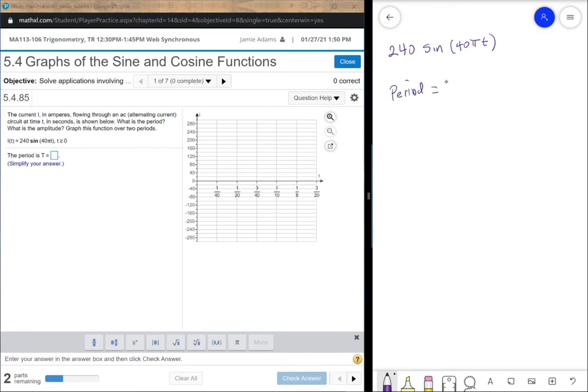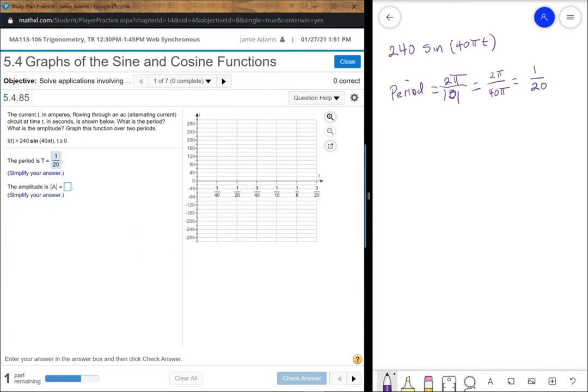Remember that our period is 2 pi divided by the absolute value of b. And so b here is actually what? It's 40 pi. So 2 pi divided by 40 pi. That gives me 1/20th. So then we get that the period is 1/20th.